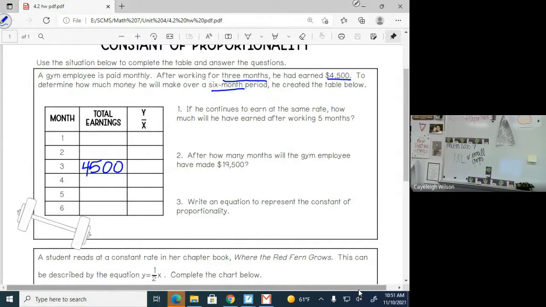Now, let's find his ratio, his y over x. So I'm going to take that 4,500 and divide it by 3, and I get 1,500. So that must mean that 1,500 is his monthly constant of proportionality. So here's my question. How much would he make in 1 month? 1,500, because that's that ratio.